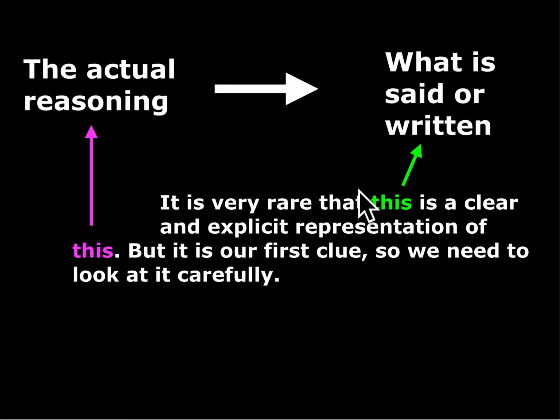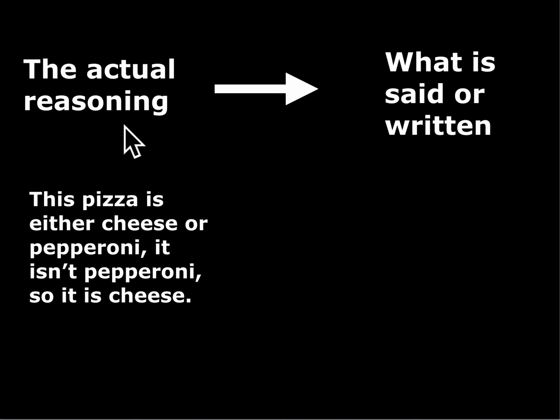The key thing is that what is said or actually written is rarely a clear and explicit representation of the actual reasoning behind the scenes. So, for example, remember the pizza argument from Chapter 1, the girl at LAX who looked in one pizza box, closed it, grabbed the other pizza box, and sat down without looking in it.